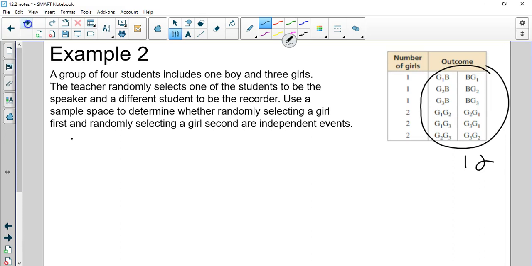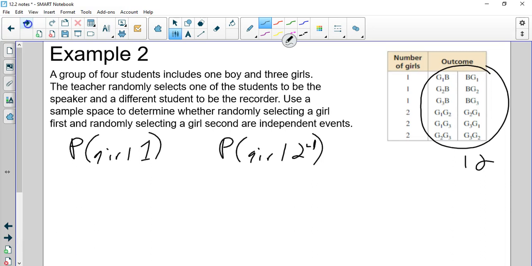Now, we need the probability of a girl in the first spot, and the probability of a girl in the second spot. So how many times is a girl in the first spot? Okay, so we're going to count those up. And that's 1, 2, 3, 4, 5, 6, 7, 8, 9.